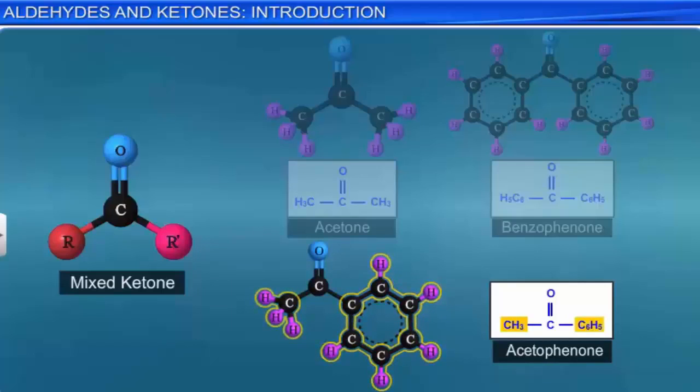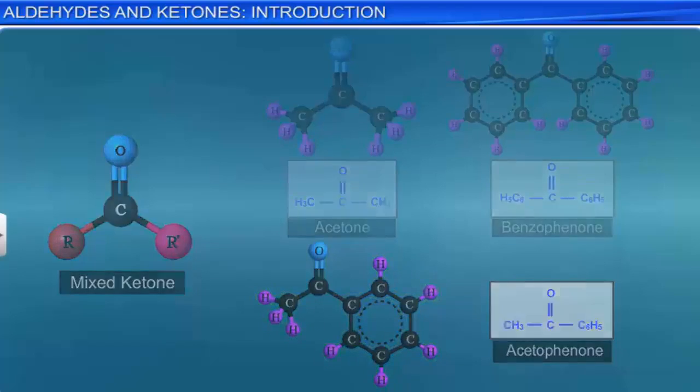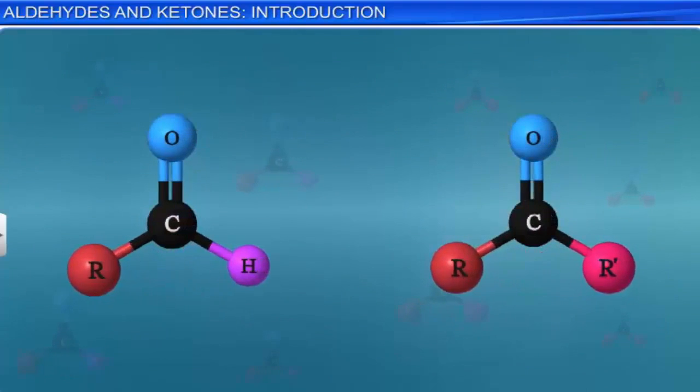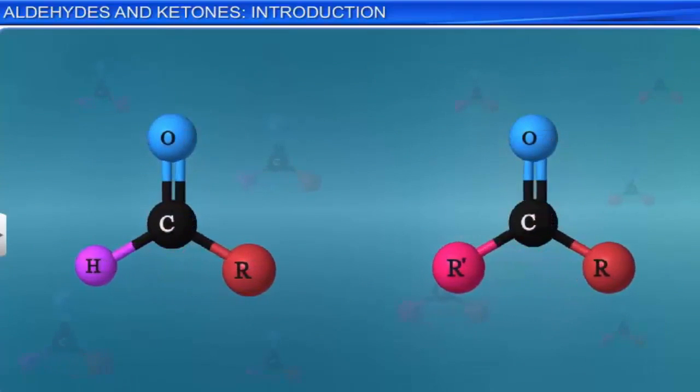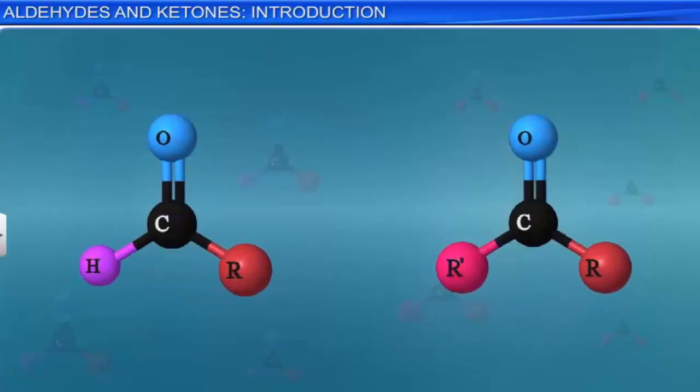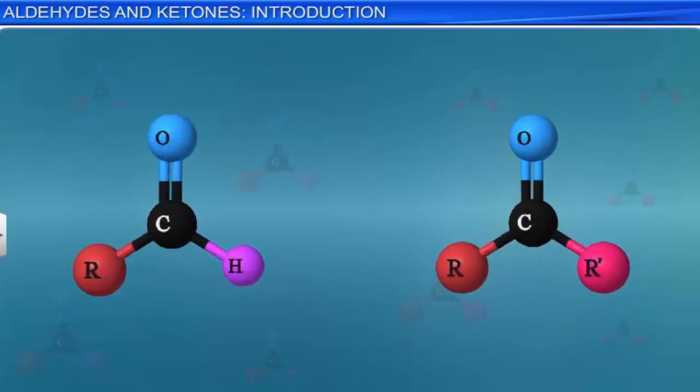Due to this difference in the nature of the groups attached to the carbonyl group in aldehydes and ketones, their reactivity is different. For example, aldehydes oxidize with ease as compared to ketones.